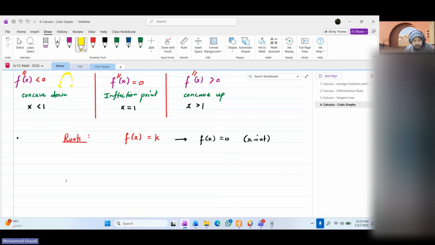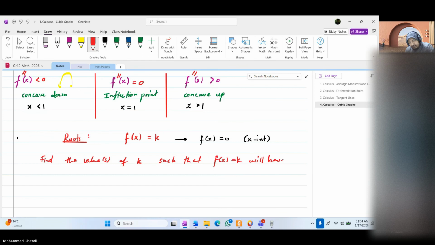So I'm going to draw a cubic equation here. And what's the type of questions that you get here? They say find the value or values of k such that f of x equals k will have distinct roots.